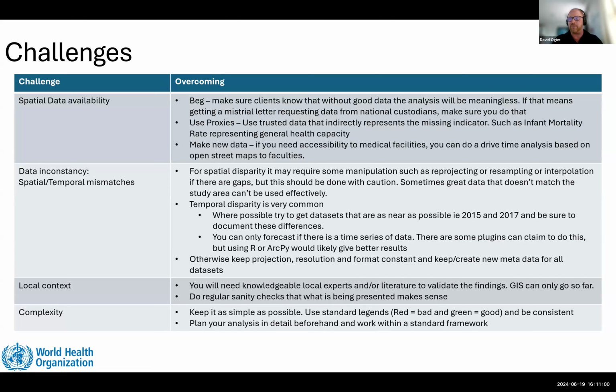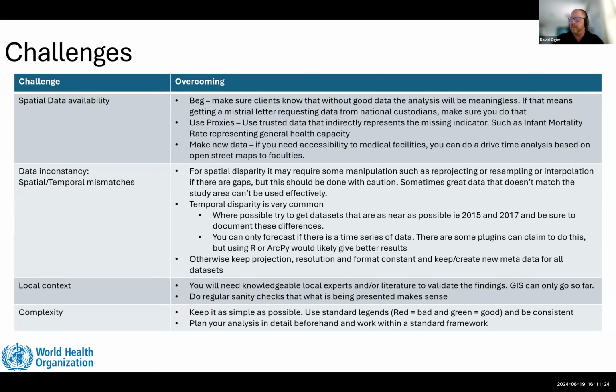And I would probably not use GIS for that. I'd probably use ArcPy or R, as the statistical functions would likely give much better results. Otherwise, just keep your projection, resolution and format consistent, and also make sure you document all your metadata.